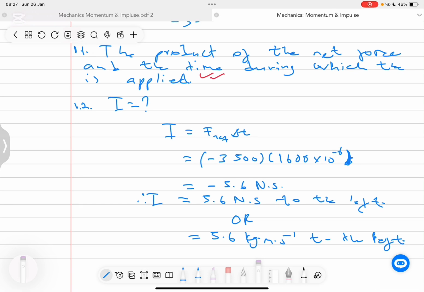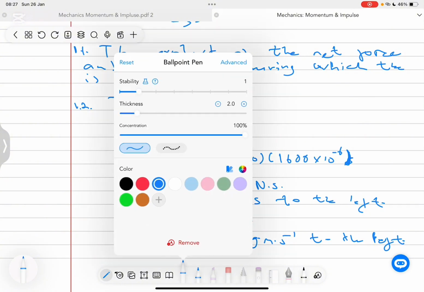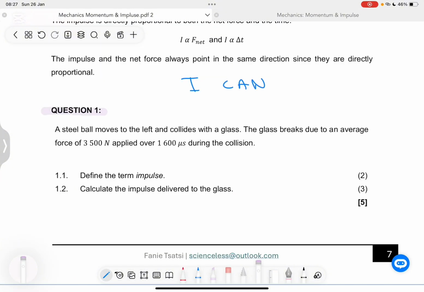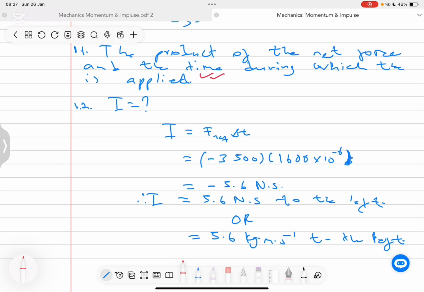Newton second is the same as kilogram meters per second. Now this question will be marked out of 3 marks. So they mark the correct formula, the correct substitution, and they also mark your final answer, including direction as well, and that gives you 3 marks.